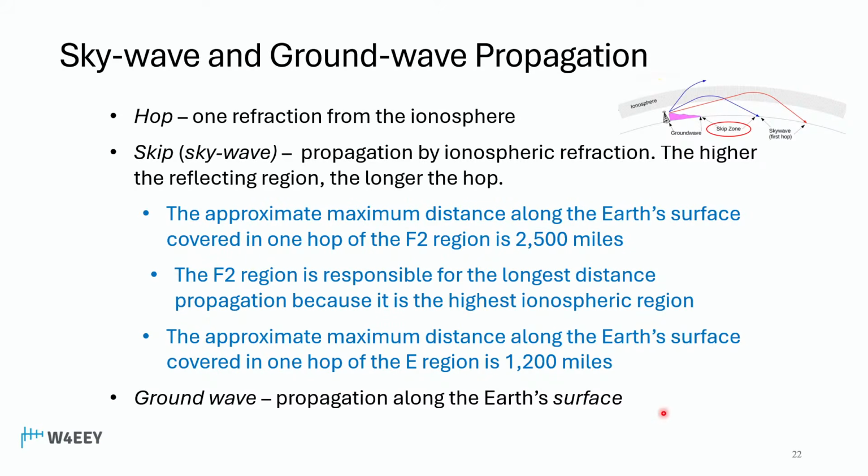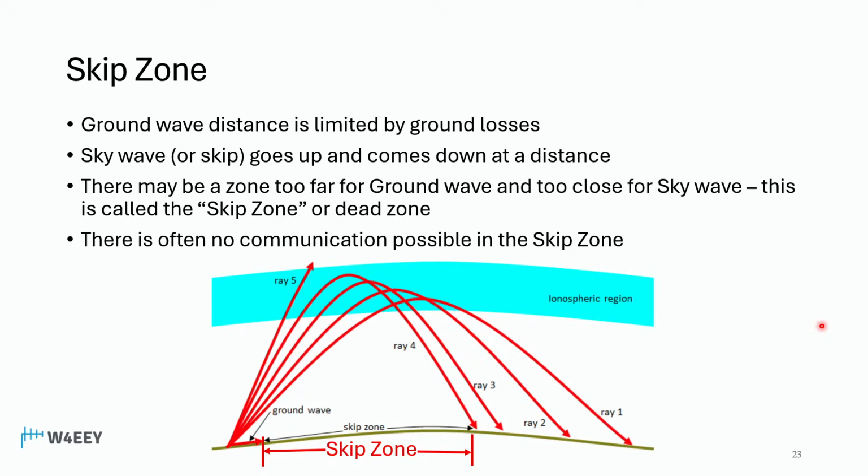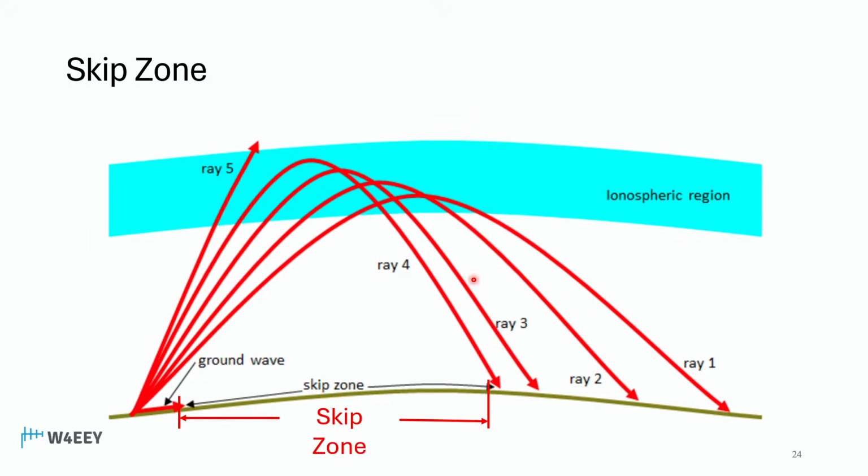And then as we showed earlier, ground wave propagation is propagation along the Earth's surface. And this is the picture that we showed before. A little bit more on this skip zone. I'm going to jump ahead one slide so we can see the diagram a little bit more clearly. Now notice how these are called rays. It might be a little bit deceiving because this kind of implies that we're shooting laser beams, very narrow beams, up into the ionosphere. It's really not like a laser beam or a laser pointer.